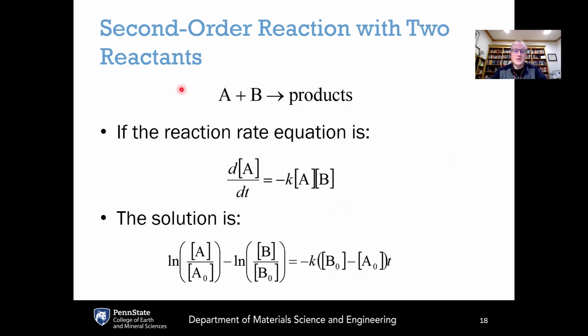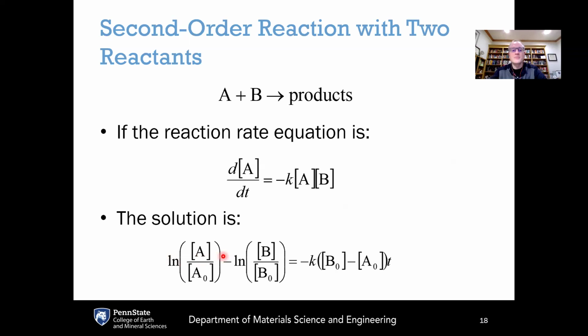If you have a second order reaction with 2 reactants, let's suppose that you've got A plus B equals some products, then the reaction rate would be the time rate of change of A with respect to t is equal to minus K times the product of the concentrations of the reactants. So the concentration of A times the concentration of B. And likewise, this has a standard solution from your differential equations class.